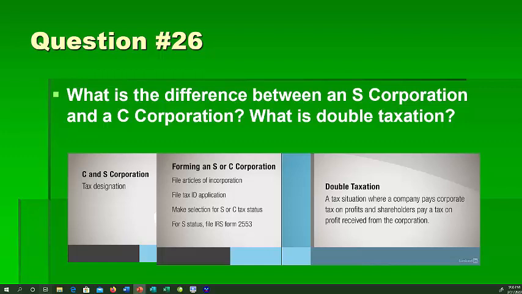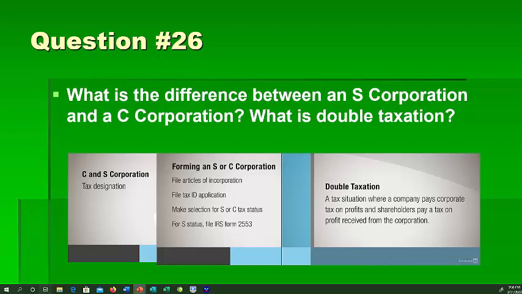The S corporation is where you've got a closed corporation, a small corporation, and you're applying for a special status with the IRS. So you actually will file the paperwork with the state first, and then you're going to make an application for the taxpayer identification number, and then after that you're going to file with the state and also with the IRS.